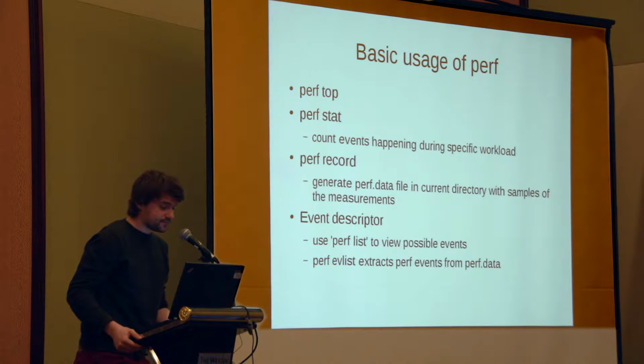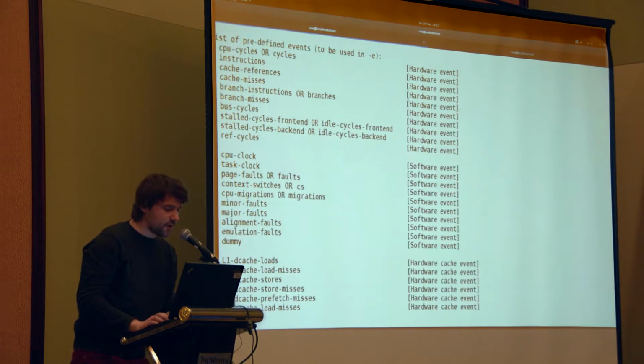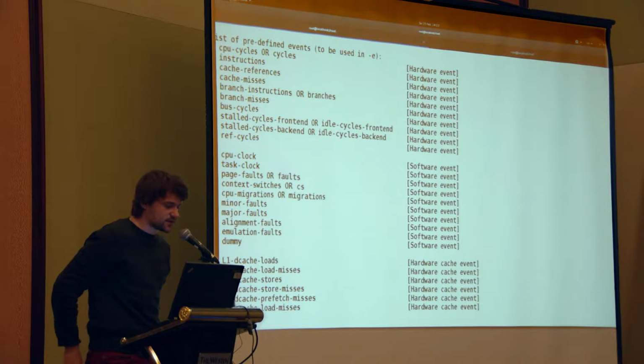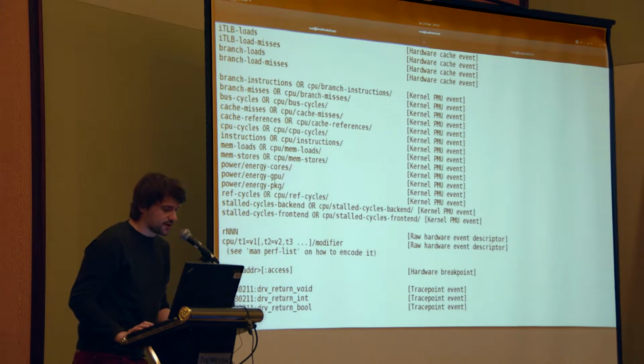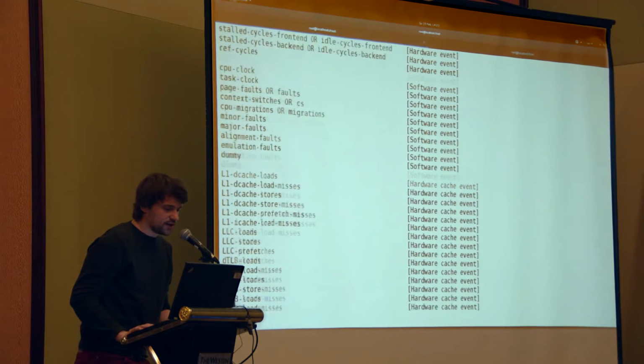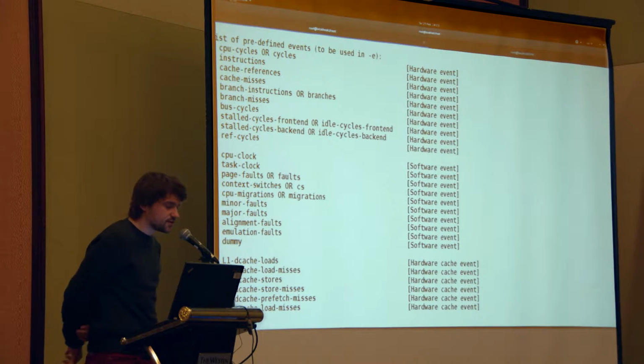And there are some other very important commands, for example the perf list command. perf list gives you a nice overview of what your current system supports for events you can trace. We do have some hardware events, which are caused by the hardware itself.